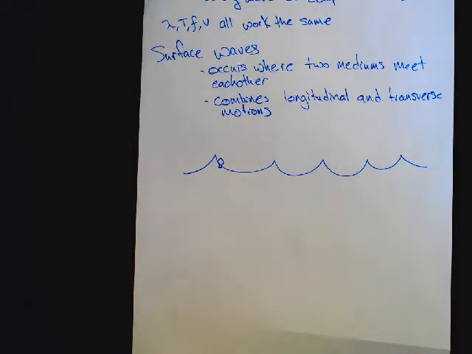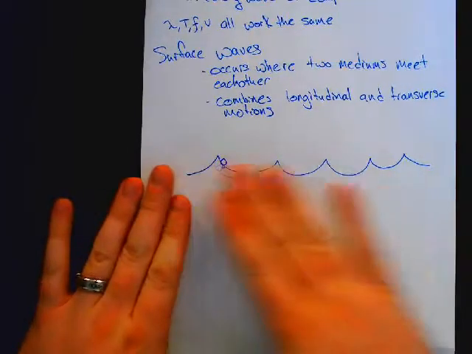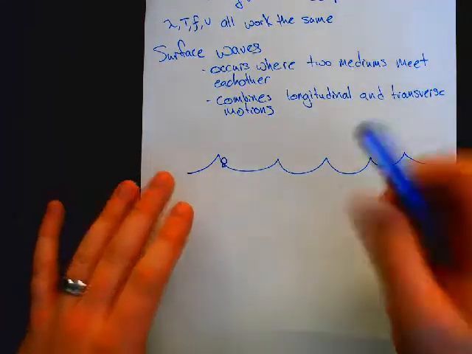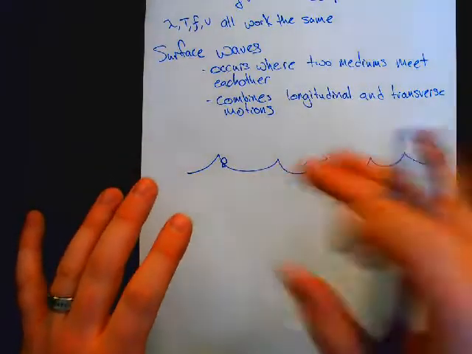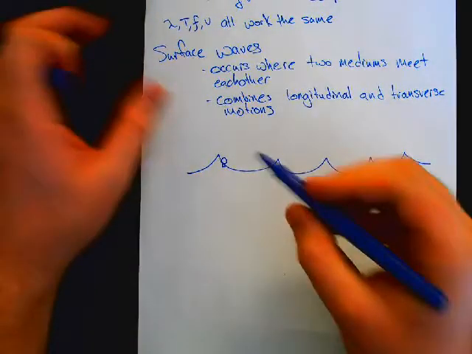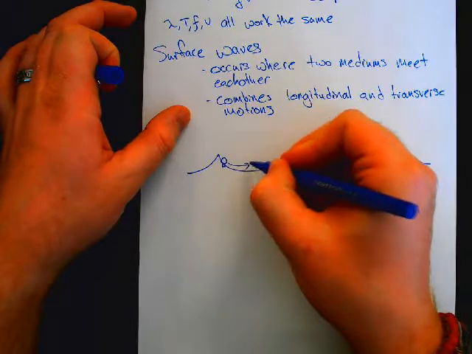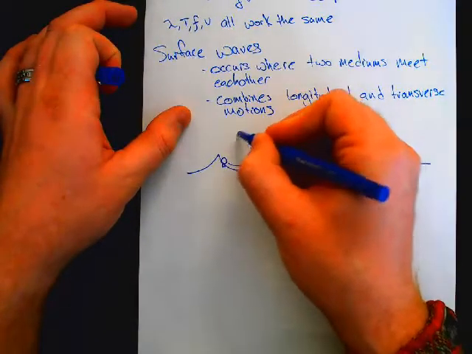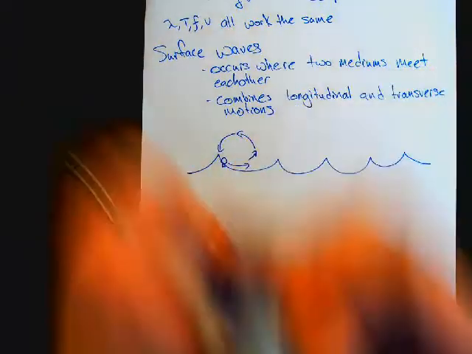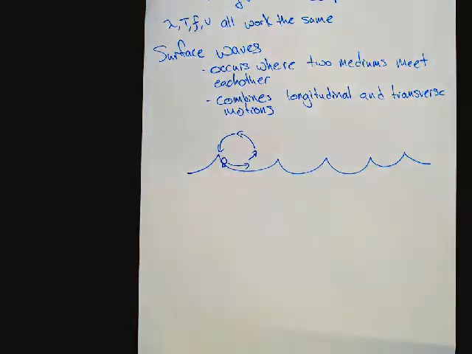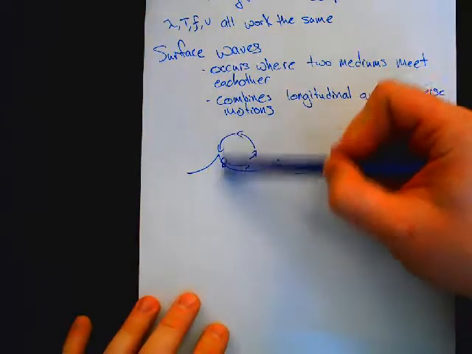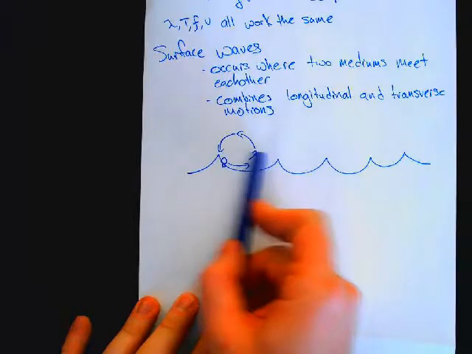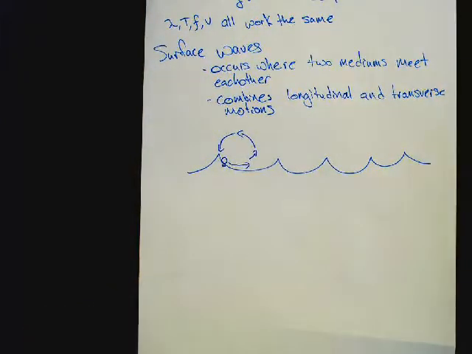Now, when you cause waves, maybe because a boat went by or a fish broke the water or your younger sibling threw a rock in next to it, those waves are going to pass under the bobber, and the individual particles of water aren't actually going to go very far, and neither is the bobber. The bobber is going to go forward and back, but it's going to oscillate around in a circular-like motion as it's combining the transverse motion and the longitudinal motion that the other two types of waves have.